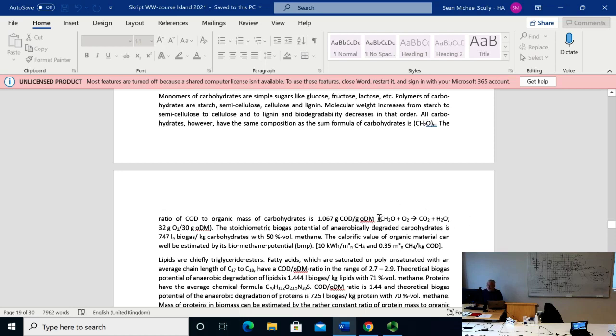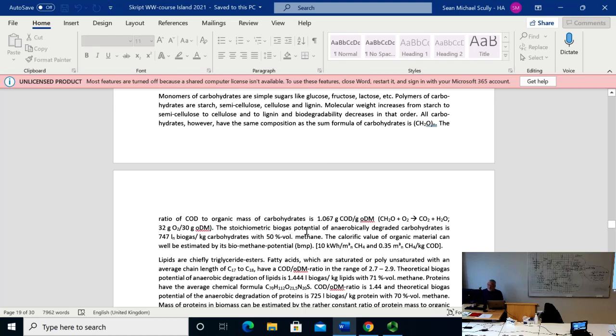This is the reaction of incineration, of complete oxidation of the carbohydrates. They just form CO2 and water, and you need 1 molecule of oxygen for 1 basic unit of carbohydrate, and that's 32 grams of oxygen for 30 grams of organic dry matter.